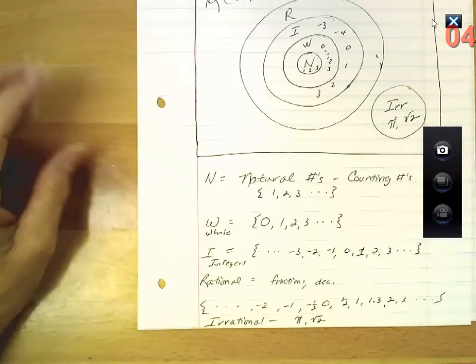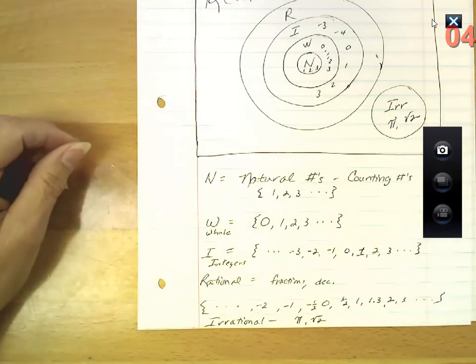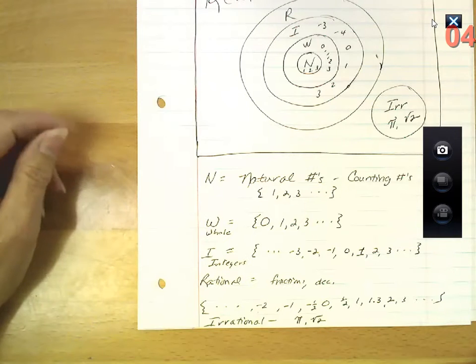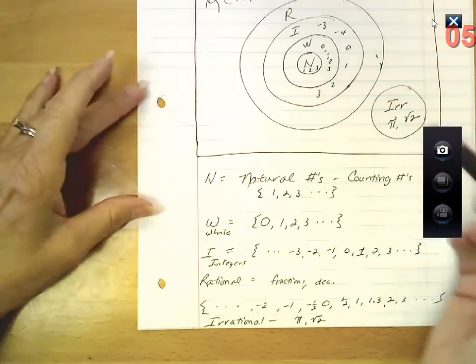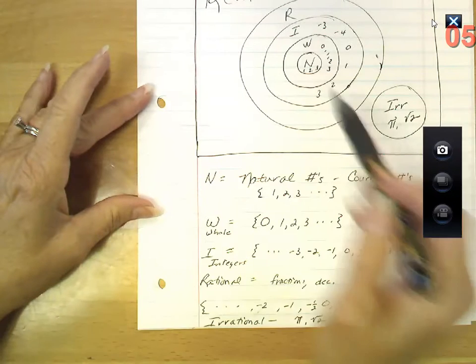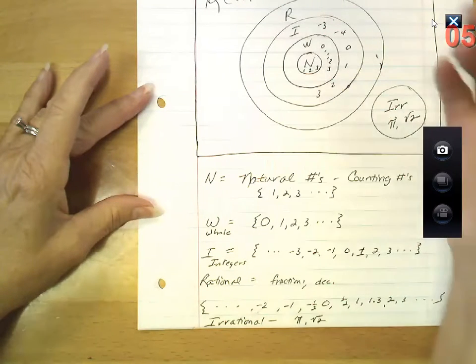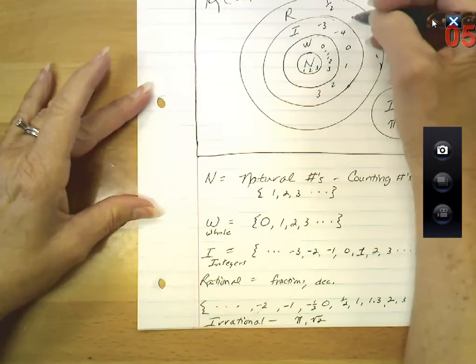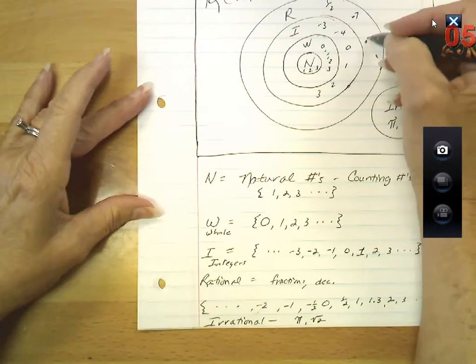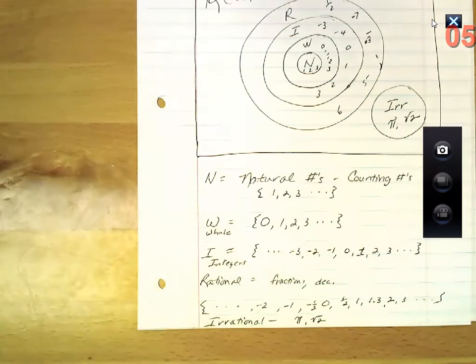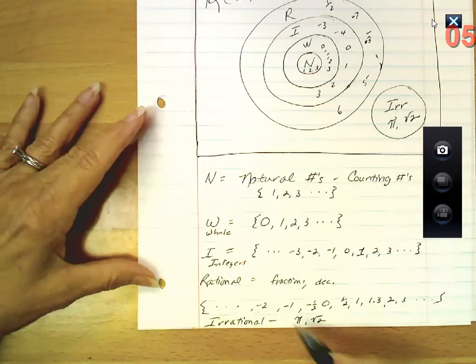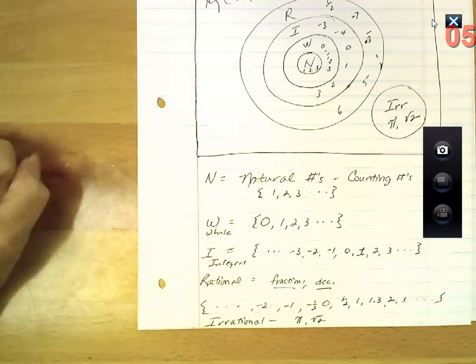So the only difference between the real numbers and the rational numbers are the irrational numbers. These are irrational. These are rational right here. They're fractions, decimals, things that repeat, and then just plain old numbers. So rationals, you add the fractions and the decimals to it.